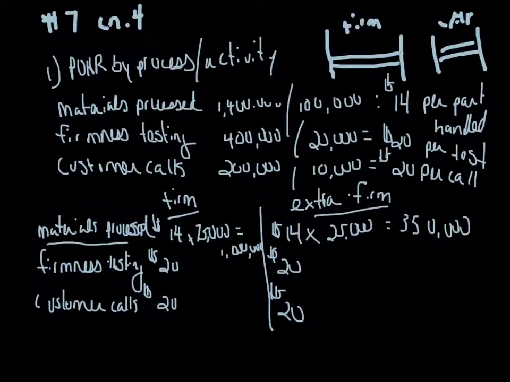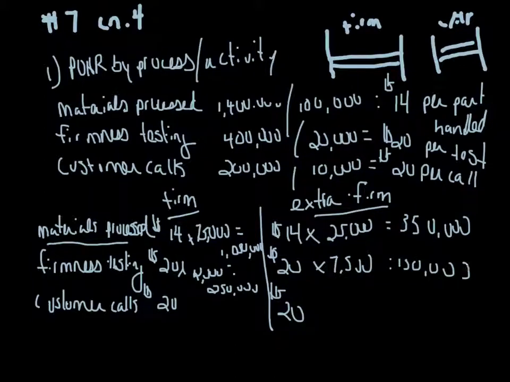For firm mattresses, 12,500 tests were performed, so that should come out to 250,000. And then for extra firm, 7,500 tests were conducted. So that should come out to 150,000.